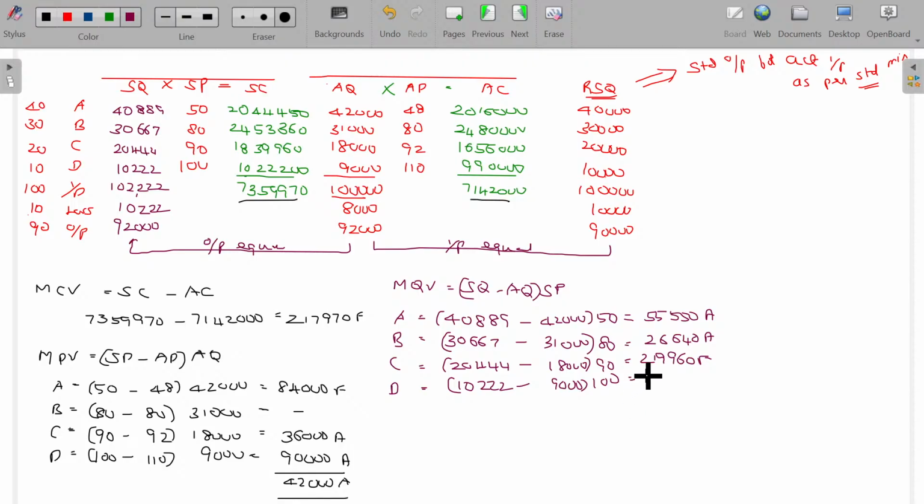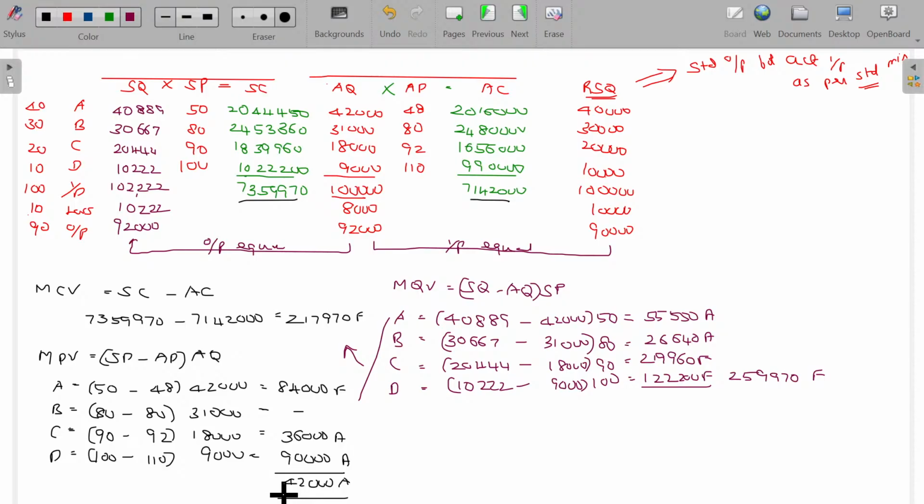Last one also favorable, 1,22,200 favorable. Ultimate value being 2,59,970 favorable. If you add up these two, you'll get this value. Cross verify: 2,59,970 favorable, 42,000 adverse, ends with 2,17,970.